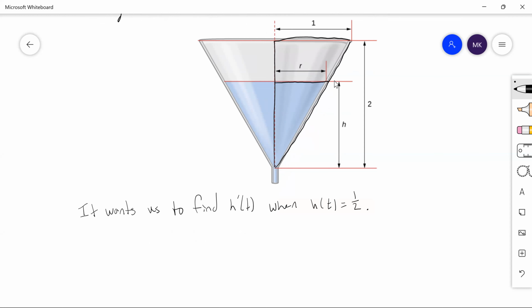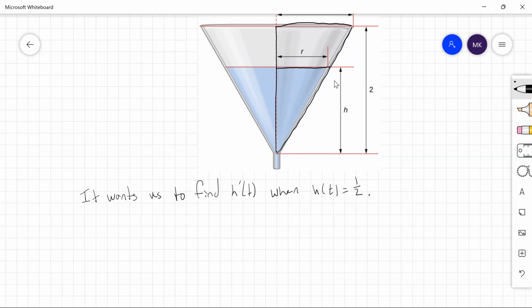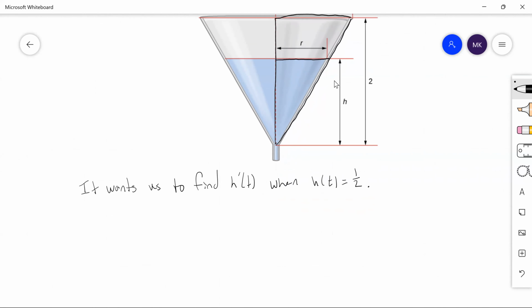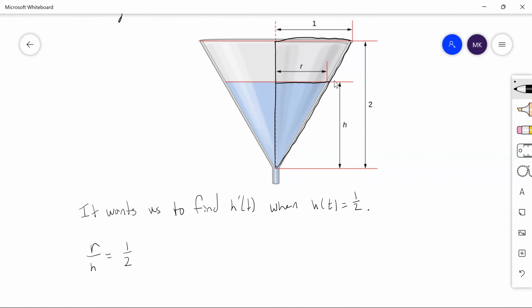That means we can create equivalent ratios of their size. Okay, so that's going to be important. We know that the ratio of R over H is 1/2, because the radius at some given height is going to be the same ratio as the full radius over the full height.